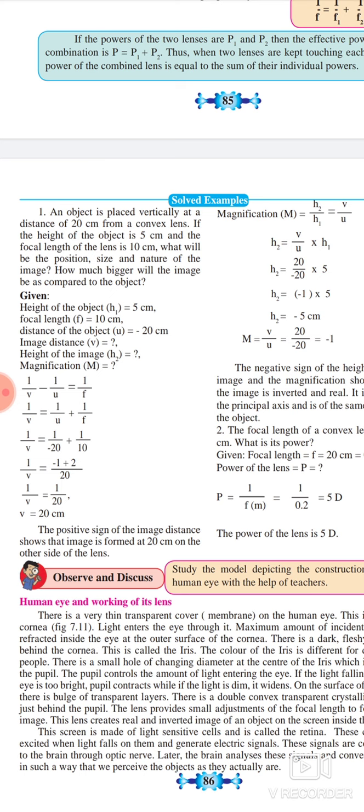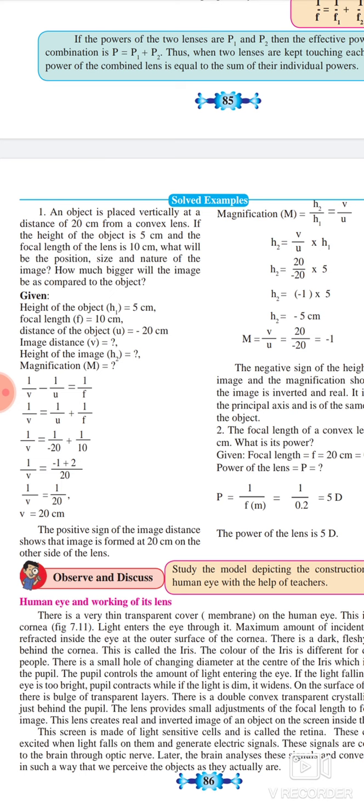And whenever it is negative, that means it is below the principal axis. I told you, from that Cartesian sign convention we can see, if it is above, that means it is positive. If it is below, that means it is negative. So the negative sign shows that it is below the principal axis and it is of the same size as the object. Now it is very easy.